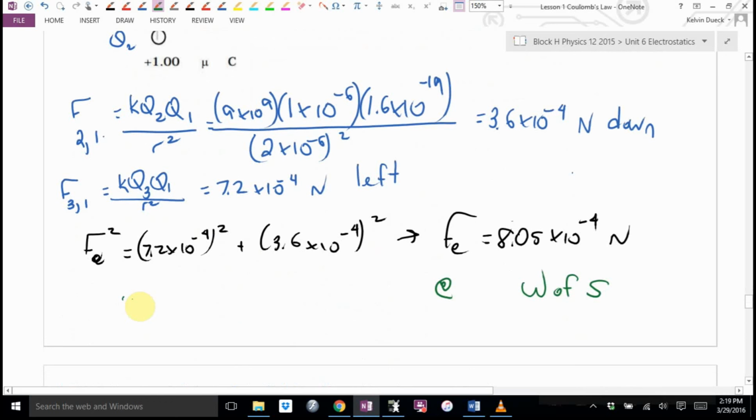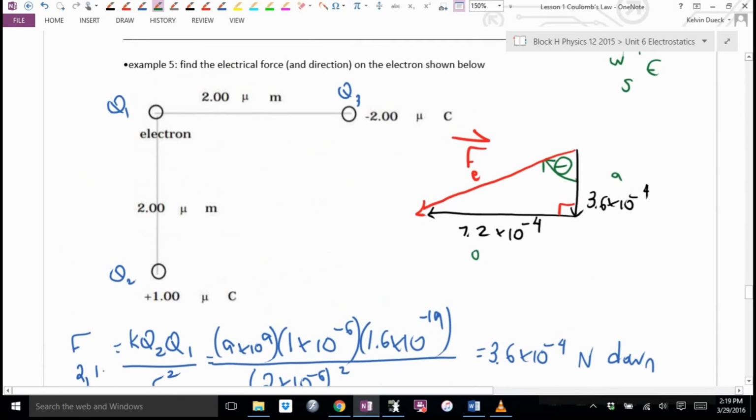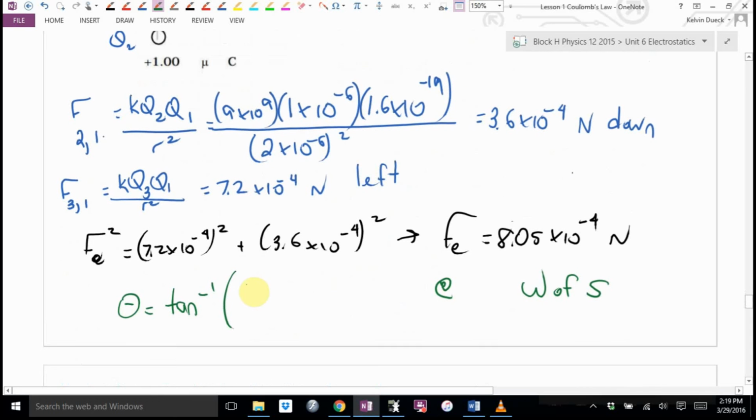Let's get the angle. It's going to be the inverse tan of 7.2 times 10 to the negative 4 all over 3.6 times 10 to the negative 4.